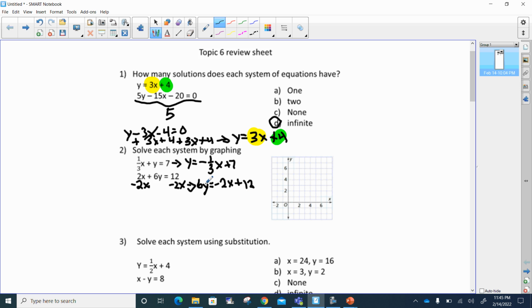Now I've got to make y equal 1. So I'm going to divide everything by 6. 6y divided by 6 will give me y.